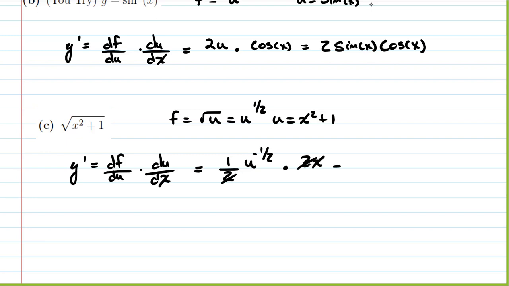The 2's reduce out, and that gives us x over, moving it into the denominator makes it a positive 1/2, the square root of u. But what's u? x squared plus 1. So we get x over the square root of x squared plus 1. So the derivative of the square root of x squared plus 1 is x over the square root of x squared plus 1.